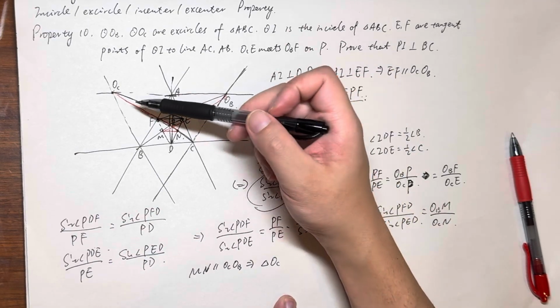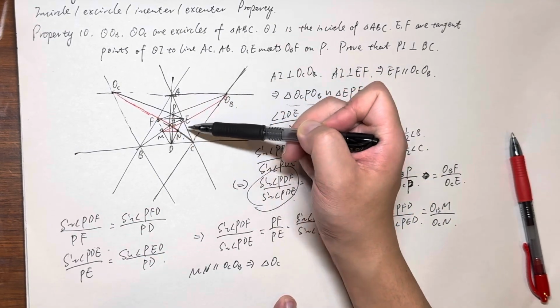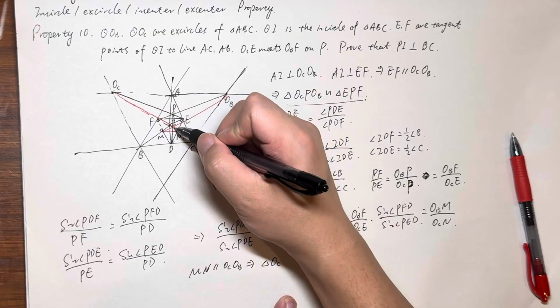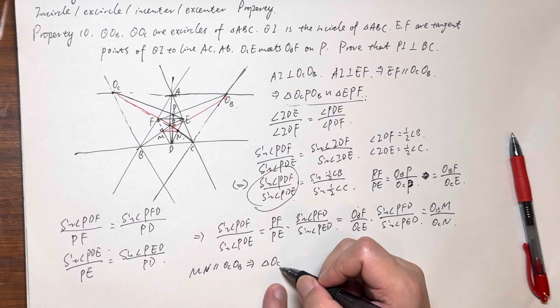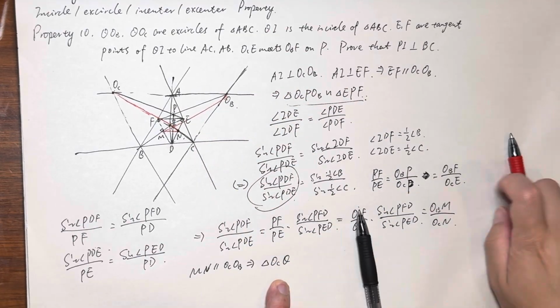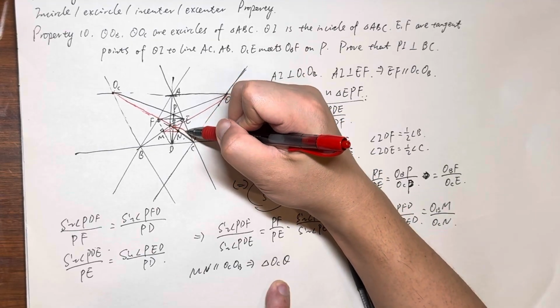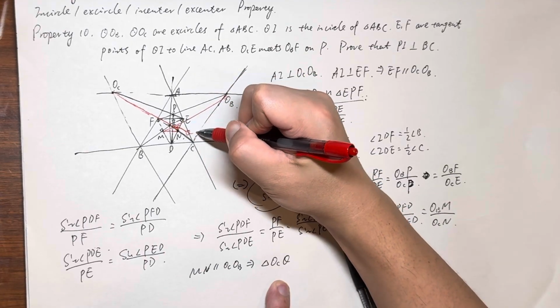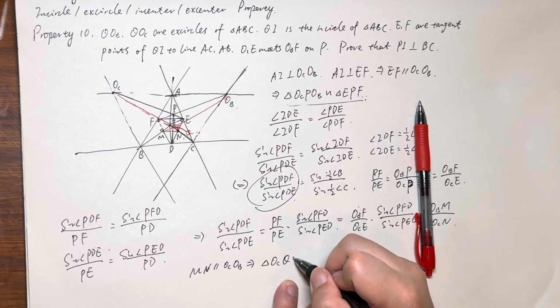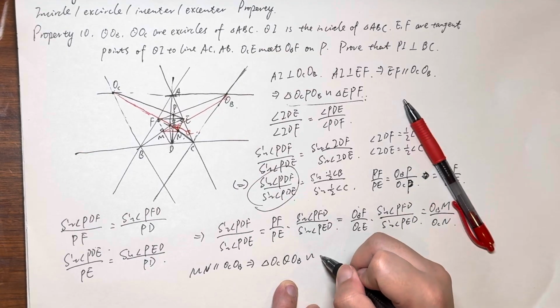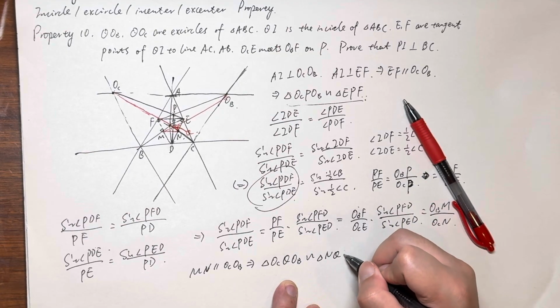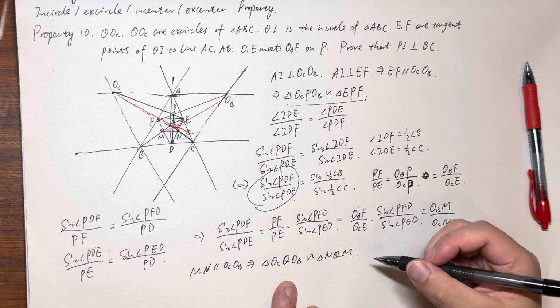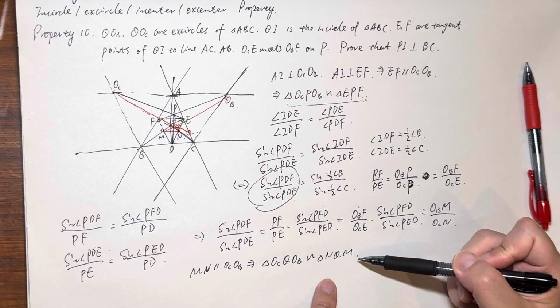Let's say that O_BM and O_CN meet at a point, let's call it Q, right? Then triangle O_CQO_B is similar to triangle NQM, right?